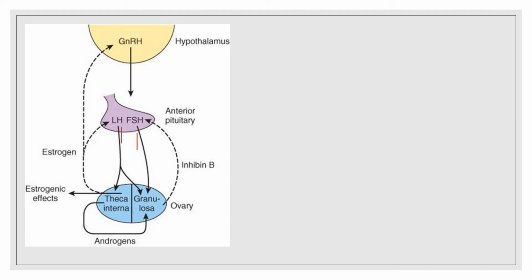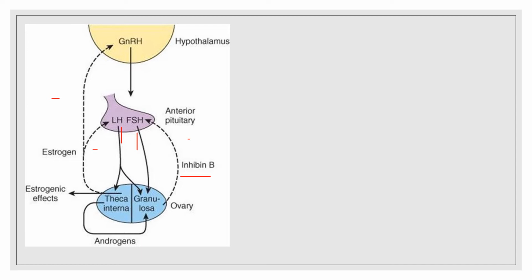The released estrogen gives a very strong negative feedback on the anterior pituitary and the GnRH from the hypothalamus. Another hormone released, inhibin B from the granulosa cell, also gives negative feedback on FSH.